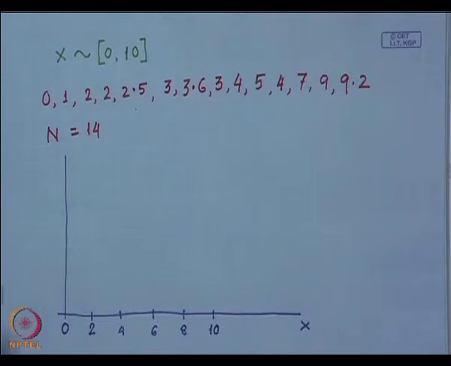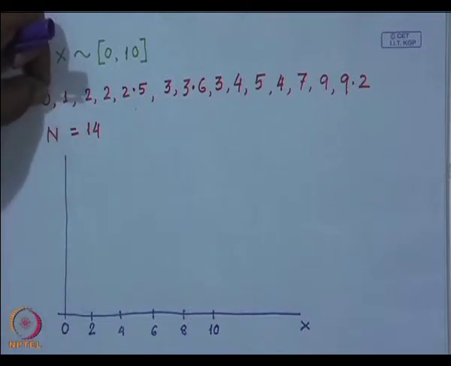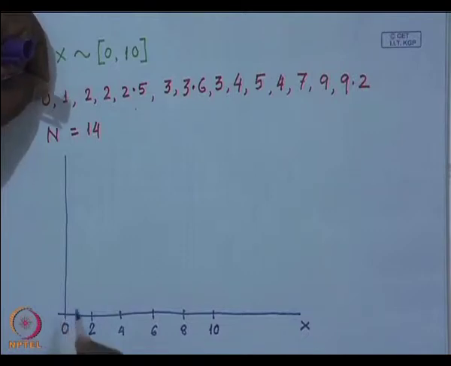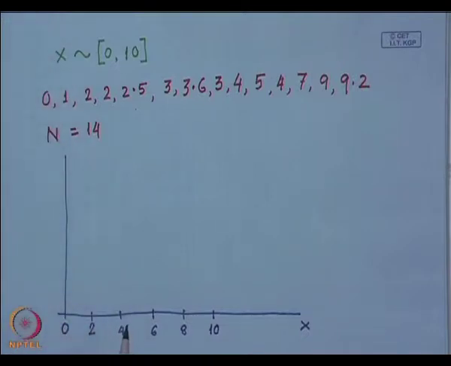Okay. So, you find that 0, which is on the cell boundary, and we have assumed that if a sample falls on the cell boundary, then by convention that sample will belong to the cell which is to the right hand side.